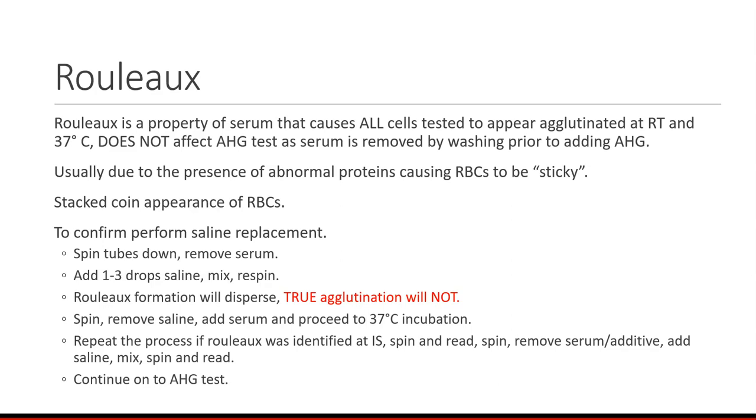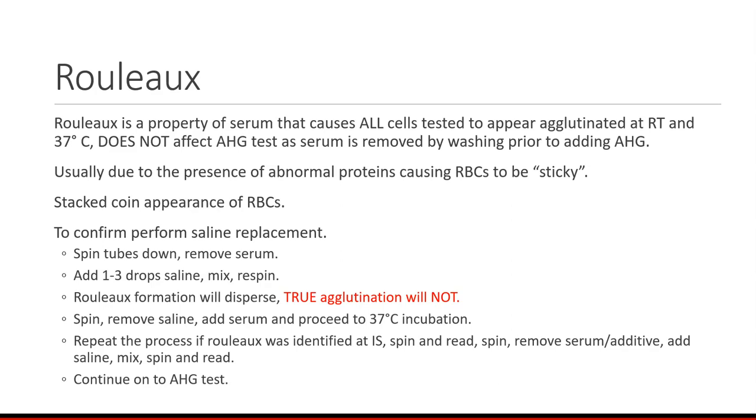Then you repeat the process if rouleaux was identified at immediate spin, meaning you spin and read, and it's agglutinated, and you identified rouleaux in immediate spin, then you spin it down again, remove the additive serum from the tube, add 1 to 3 drops of saline, really mix it well, and reread it.